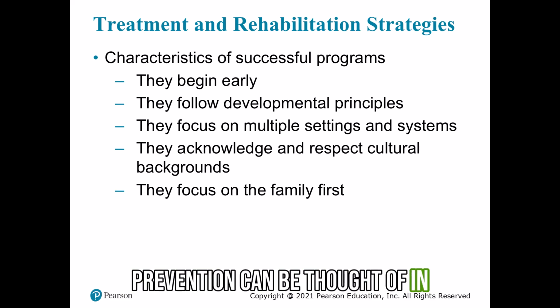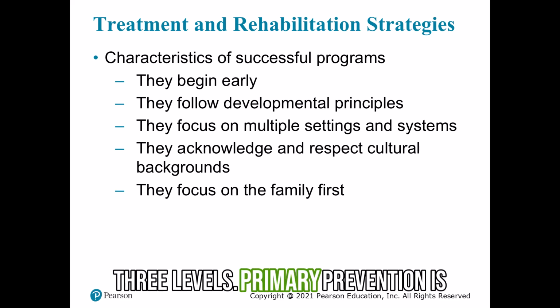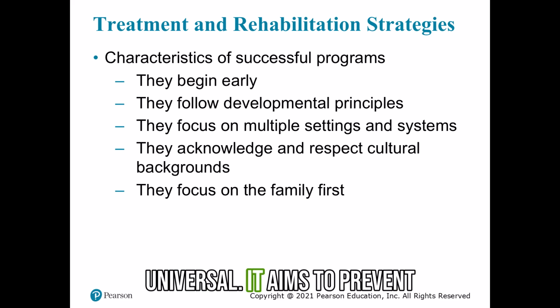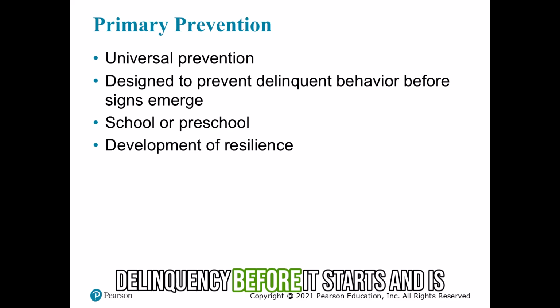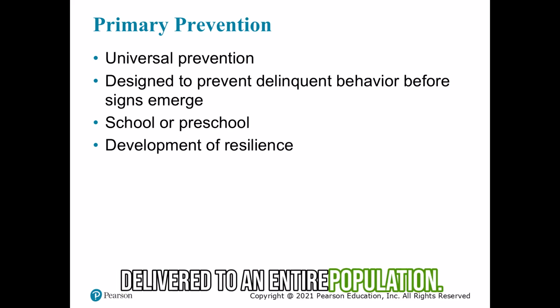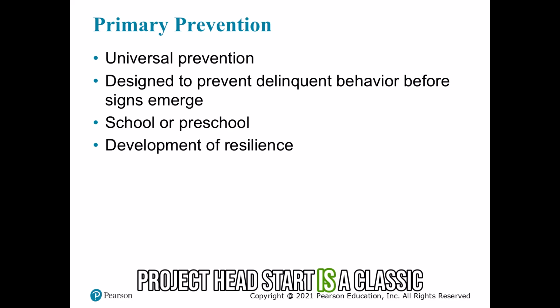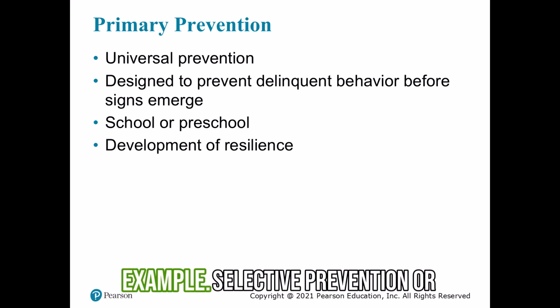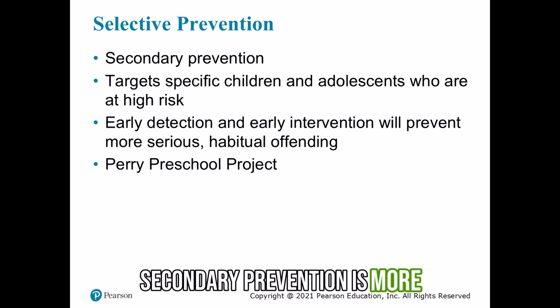Prevention can be thought of in 3 levels. Primary prevention is universal. It aims to prevent delinquency before it starts and is delivered to an entire population. Project Head Start is a classic example. Selective prevention, or secondary prevention, is more targeted.